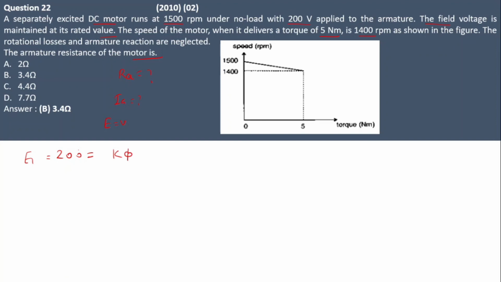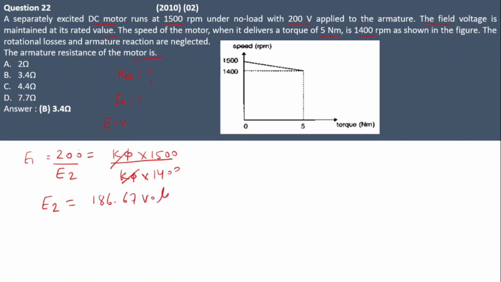This flux is constant, at speed 1500 rpm. Next you have to calculate E2 divided by K phi at 1400 rpm. So K phi cancels out, you can calculate E2 for 1400 rpm and it will be 186.67 volt.